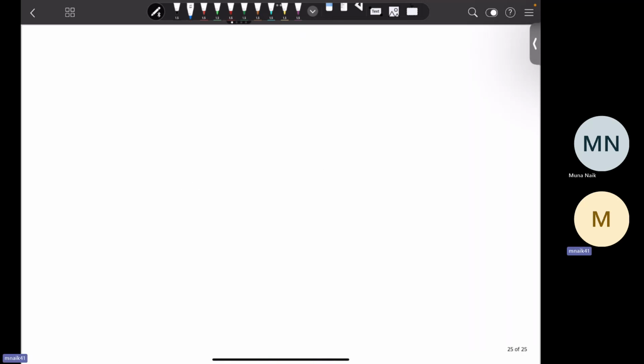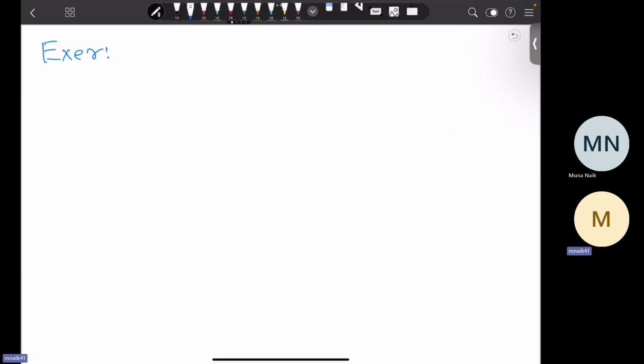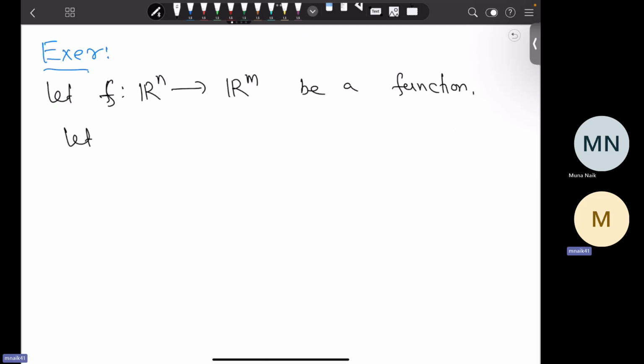Now let us look at an exercise. Let f from R^n to R^m be a function, and let f(x) be (f1(x), f2(x), ..., fm(x)). These fi are the coordinates of f.